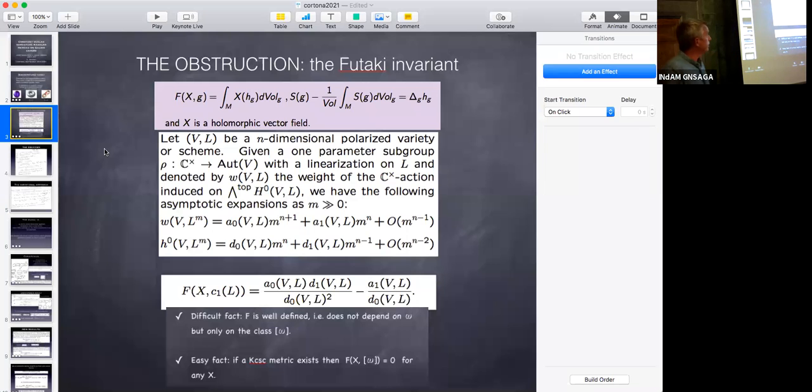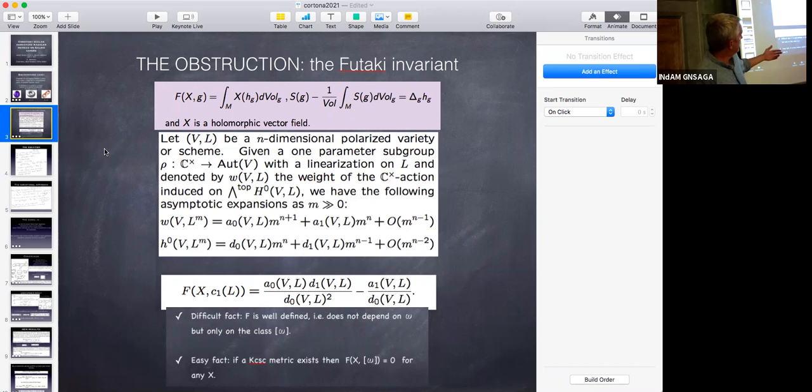At the beginning of this century, Donaldson made a critical observation. He proved that, at least in the projective case, this number can actually be computed using asymptotic expansions. If you are in the polarized case, you are looking at a Kähler class which comes from a line bundle.